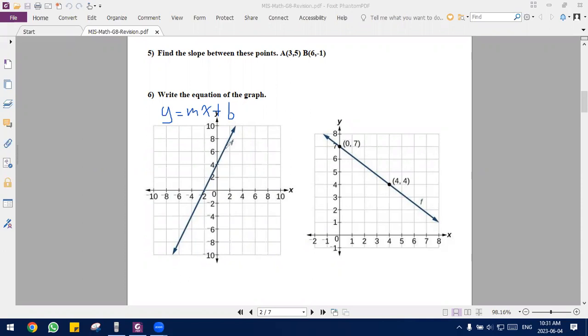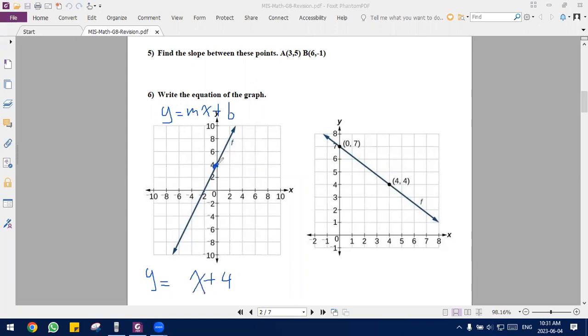Now for the y-intercept of the first one, you check the line, it crosses the y-axis at 4. So now plus b is equal to plus 4. Y equal to, then here let me put x. So now I need to find m, the slope.